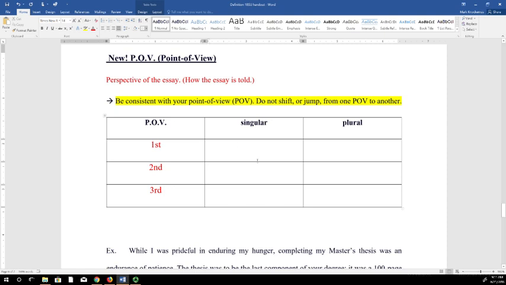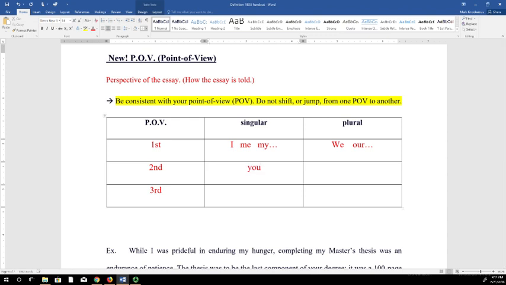So, first-person point of view, this is when you tell things from your perspective. In other words, you are the teller. This is when I, me, my, and so forth, right? So if we were to move these to the plural, this of course would be we, our, and so forth, right? Because that's when it's our perspective, my perspective.